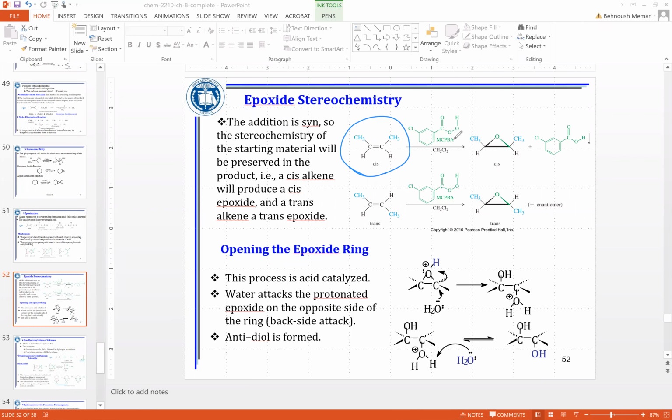When you have the peroxy acids, you are going to add the oxygen to the carbon-carbon double bond, and you get your cis epoxide plus the benzoic acid.